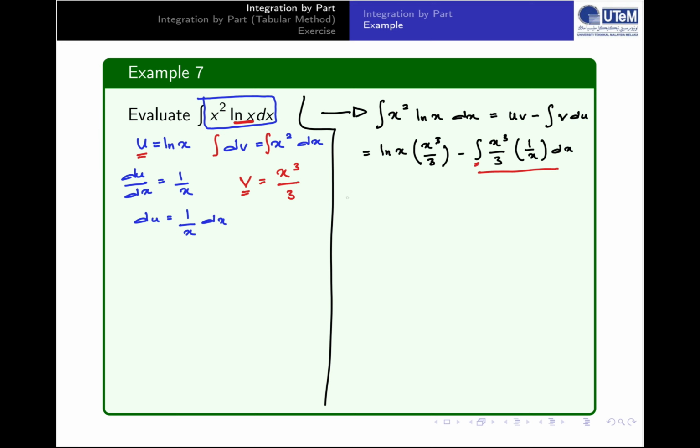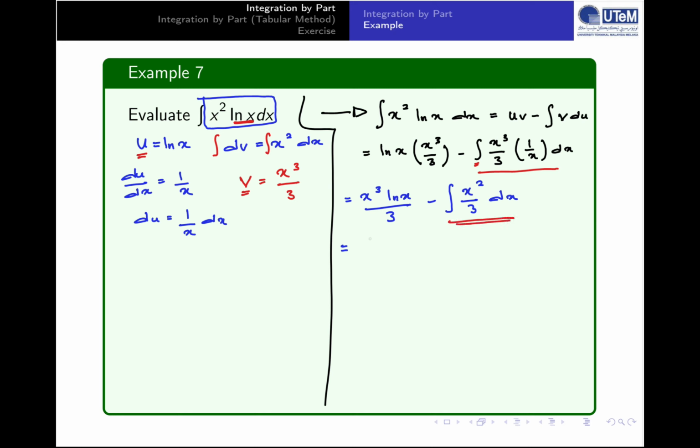So from here we can get x cubed ln x over 3 minus, simplify that one first, you get x squared over 3 dx. So integrate this part.